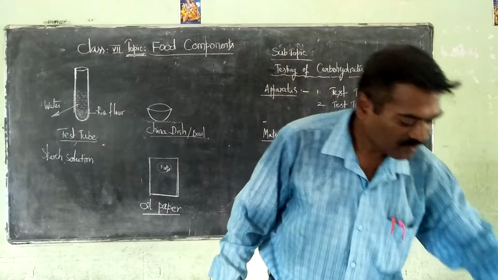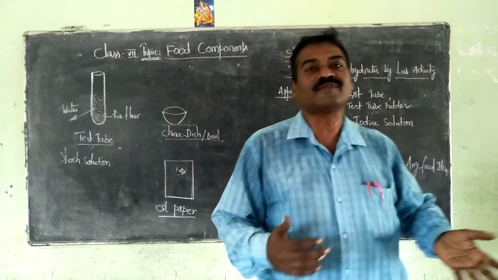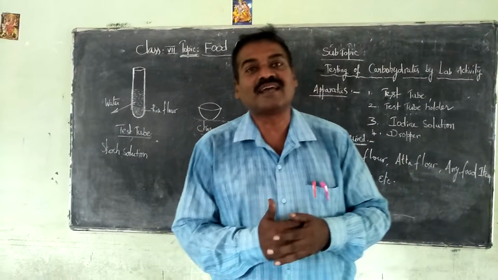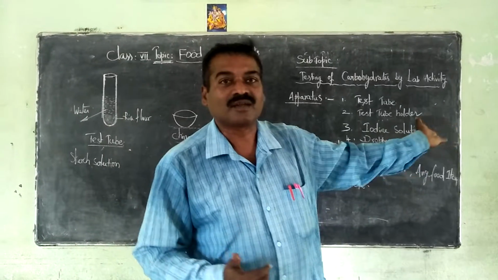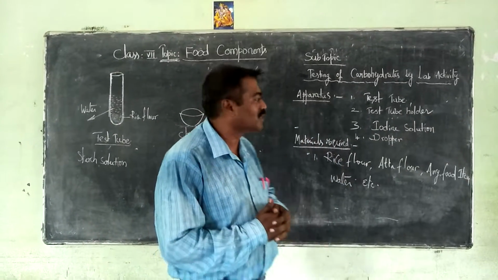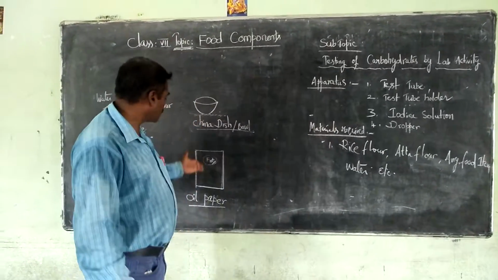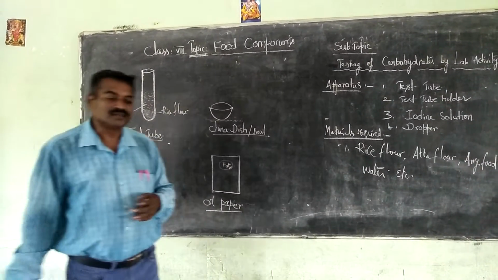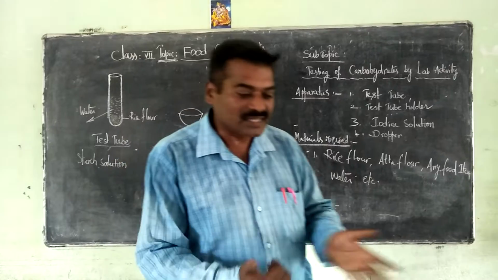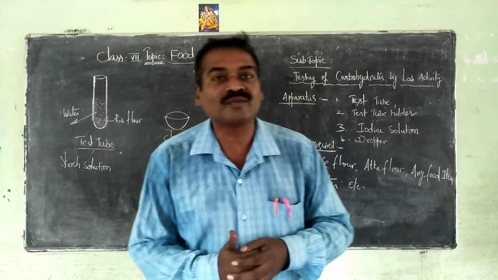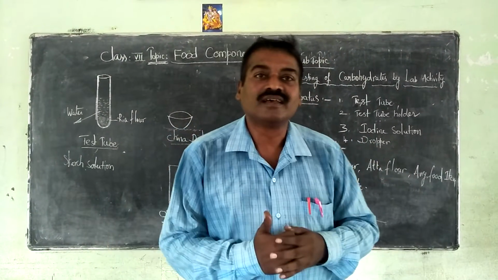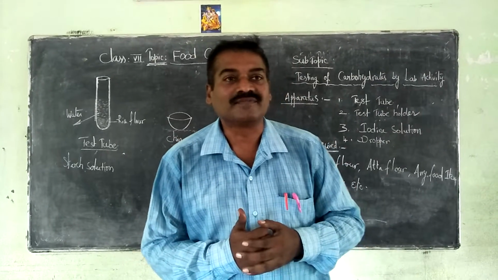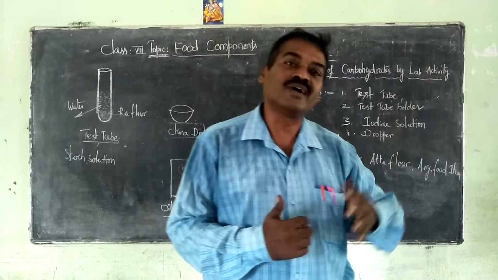Similarly, we can take any type of materials and with the help of that we can classify the food components, like carbohydrates by using the laboratory activity, as well as the oil paper for fats. So by using these two, I hope all are enjoying my video and understand how, by taking any food varieties, we can identify fats and carbohydrates.